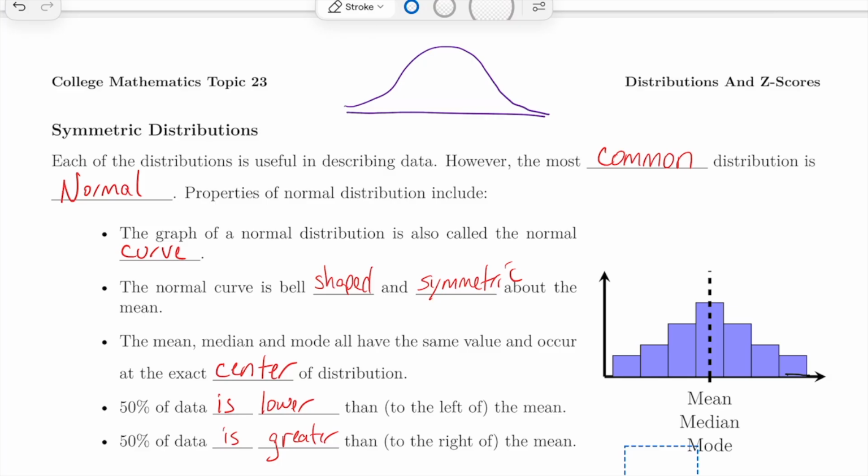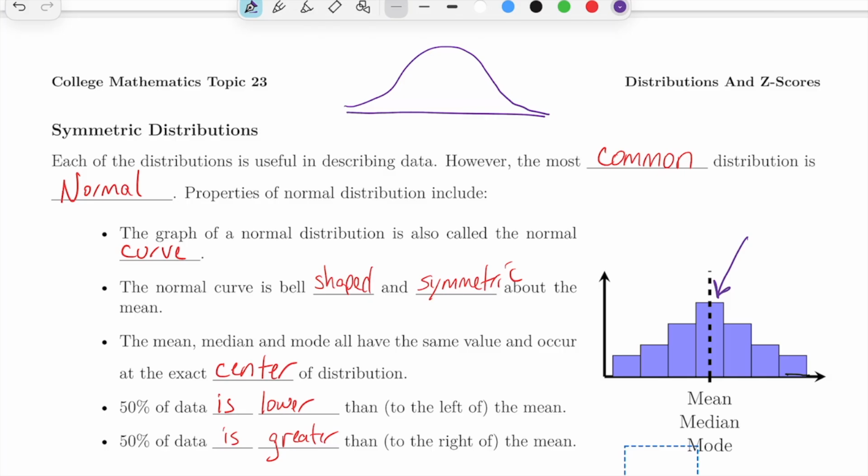So 50% is below the median, 50% is above the median. But it just so happens that in a normal distribution, this peak right here is the mode. It's also the 50% mark, which would be the median, and it's the balancing point.